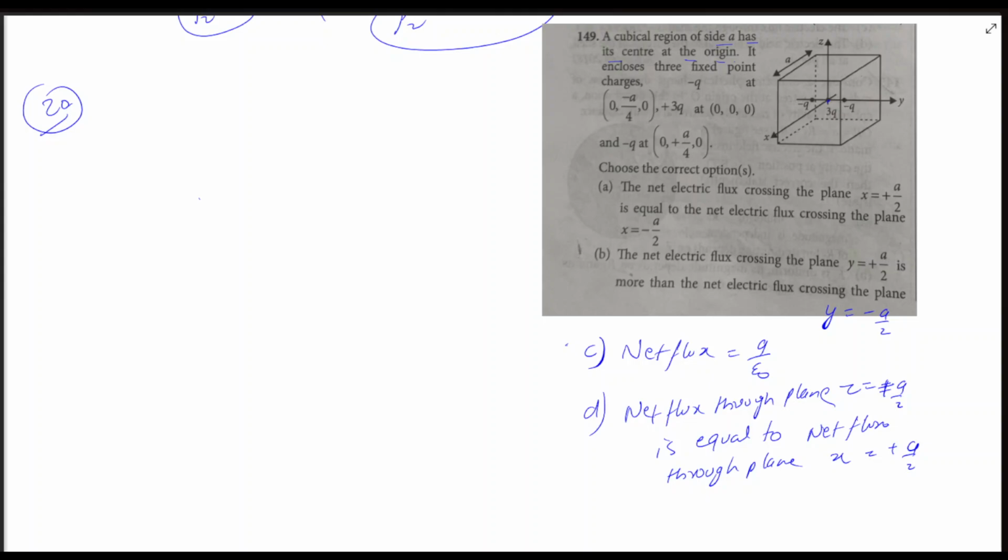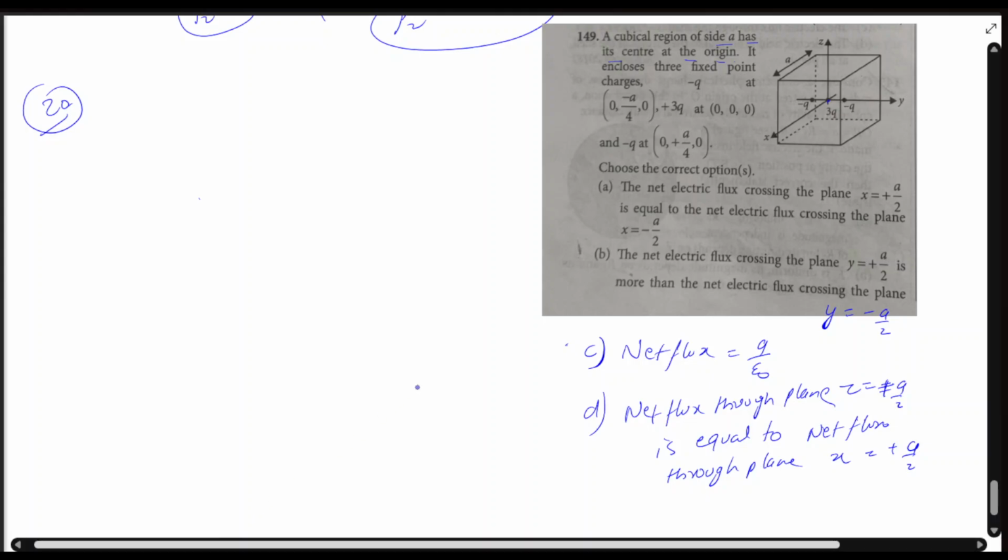So, option C is correct, right? The net flux will be q upon epsilon naught, because 3q minus q minus q. So from the whole cube, it will be q upon epsilon naught, right?